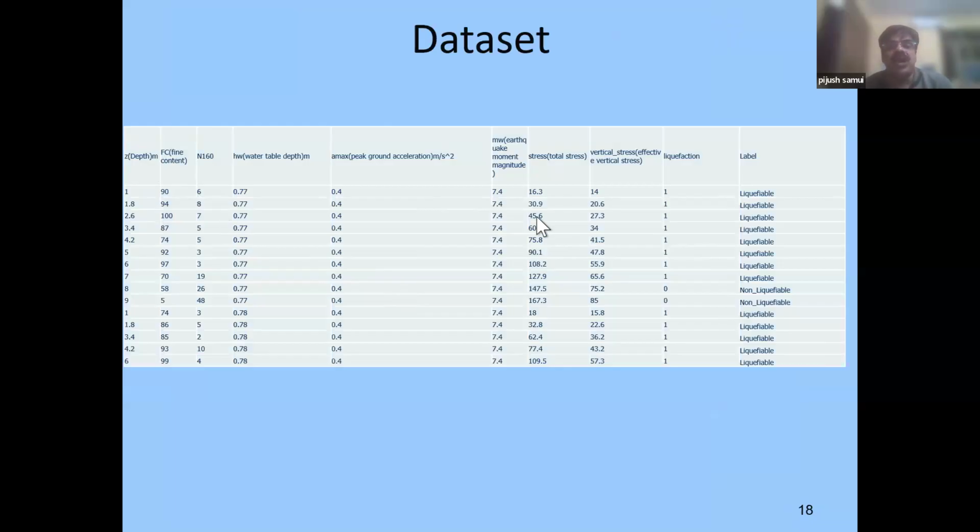There is a correlation between the total stress and the vertical stress, and there is a correlation between the magnitude of the earthquake and peak ground acceleration also. So I have taken only the vertical stress, effective vertical stress, the peak ground acceleration and the N160 value. Other parameters I have not taken.